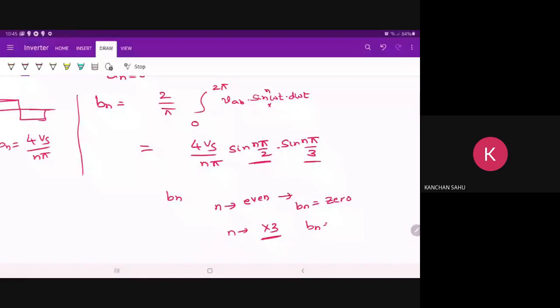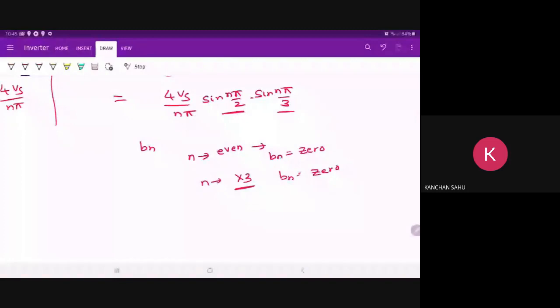So all the even numbers give 0, and all the multiples of 3, that is triplen harmonics 3, 6, 9, 12 and so on, are 0, and the even order harmonics 2, 4, 6, 8 are all 0.